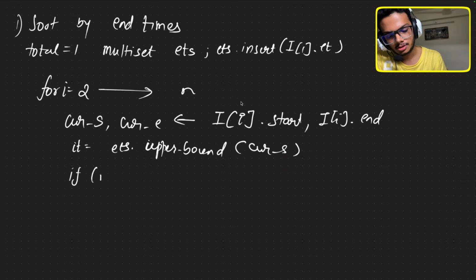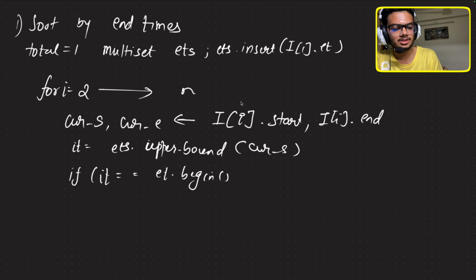Now if this it is equal to ets dot begin, it means all the end times are greater. In this case you check if there is a club member who is free and assign this movie.